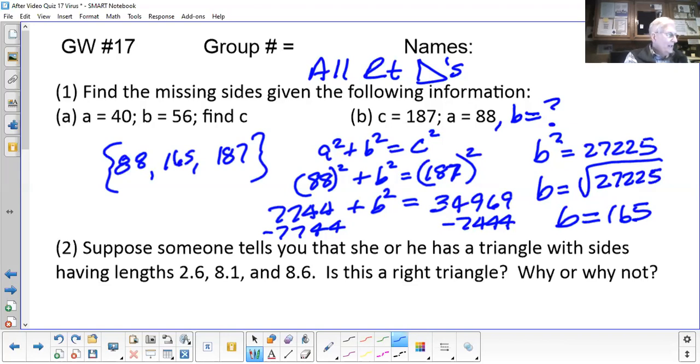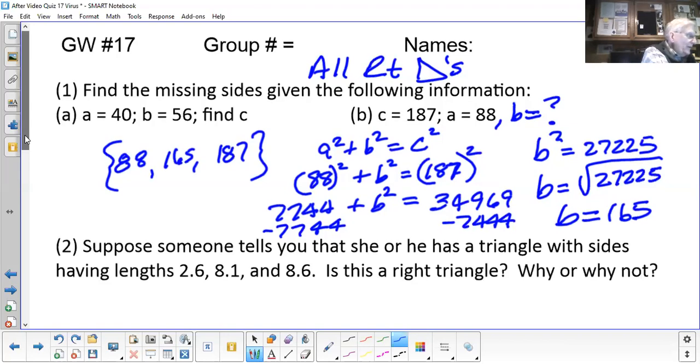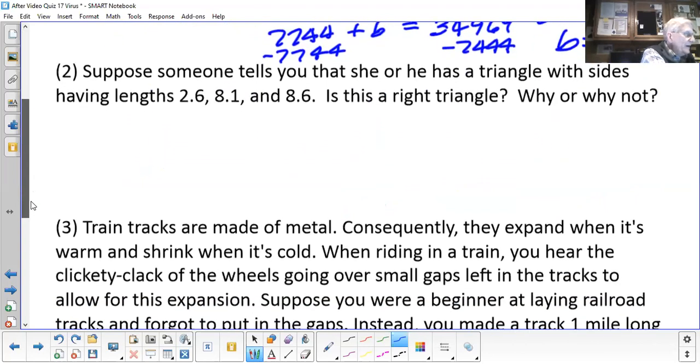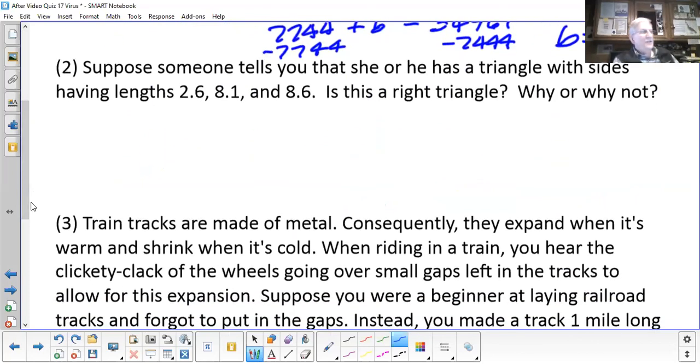All right, let's look at question 2 up here while we have the opportunity, all right? Suppose someone tells you that she or he has a triangle with sides of lengths 2.6, 8.1, and 8.6. Is this a right triangle? Why or why not? Well, how can you prove that it is or is not a right triangle?